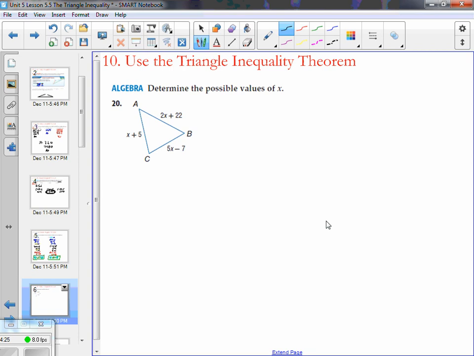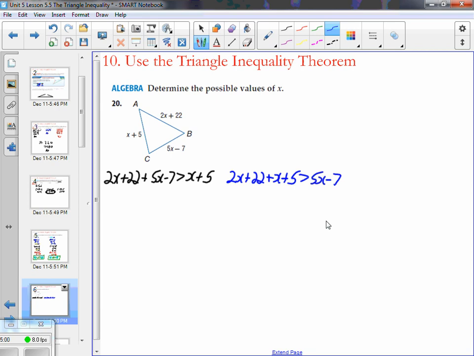So, according to the triangle inequality theorem, I know that 2x plus 22 plus 5x minus 7 is greater than x plus 5, don't it? And in a minute, I'm going to come back and solve them. But I'm going to write all my inequalities out first. I also know, because of the triangle inequality theorem, that 2x plus 22 plus x plus 5 is greater than 5x minus 7.